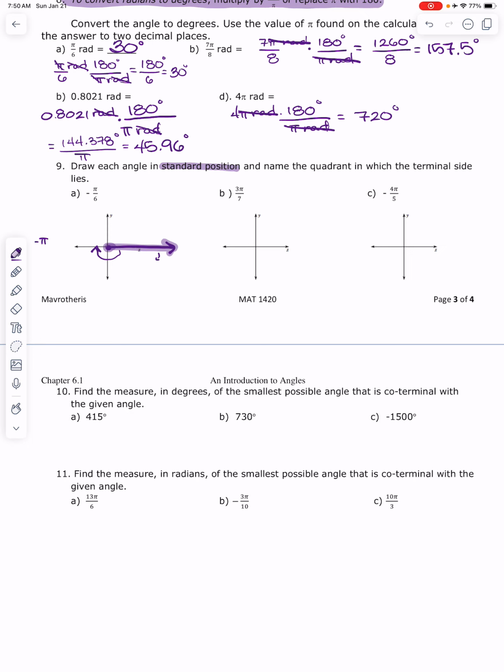If I need 6 in the denominator, that's negative 6 pi over 6. So this whole bottom half of our coordinate grid is negative 6 pi over 6. So if I need to figure out where negative 1 pi over 6 is, I'm going to go about 1/6 of the way.